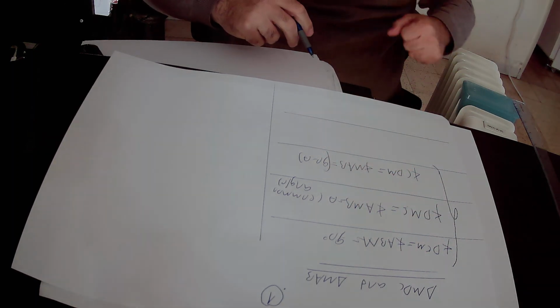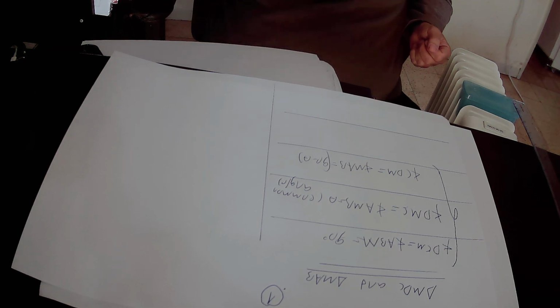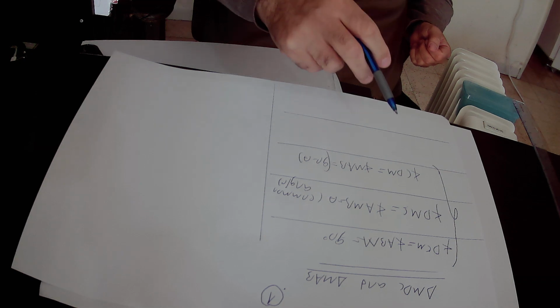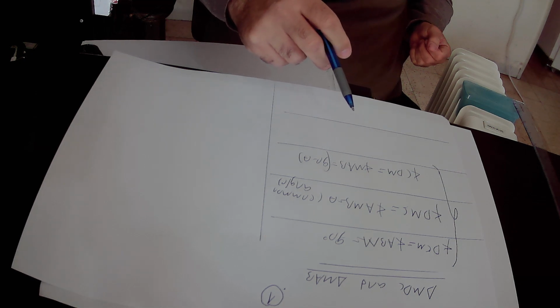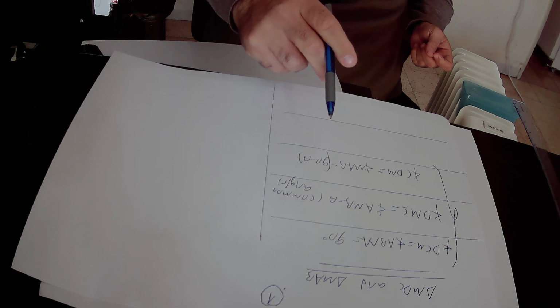So we actually proved that all the three angles in the big triangle MDC are correspondingly equal to all the three angles in the small triangle MAB.